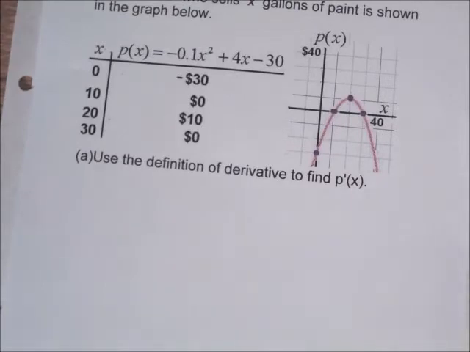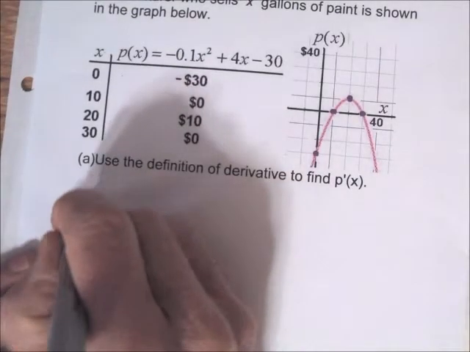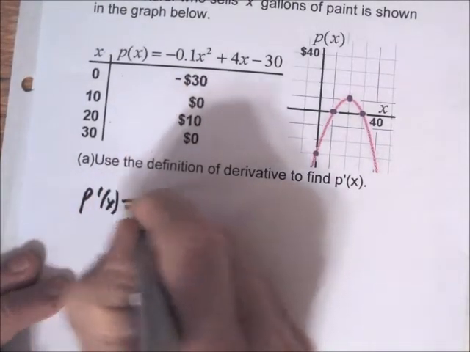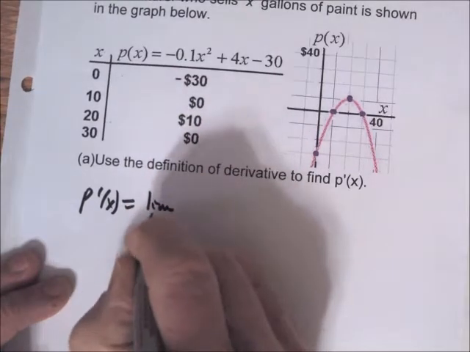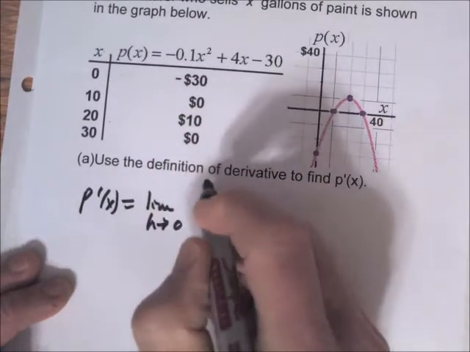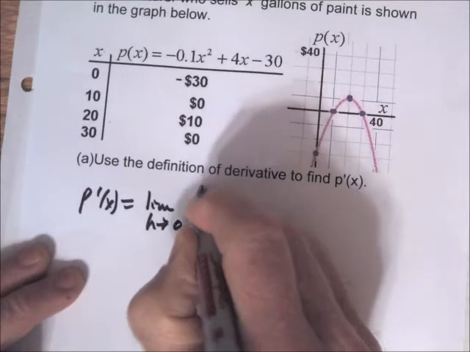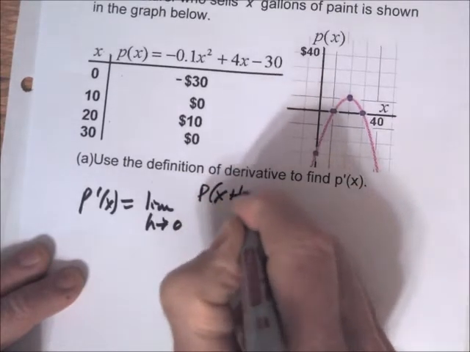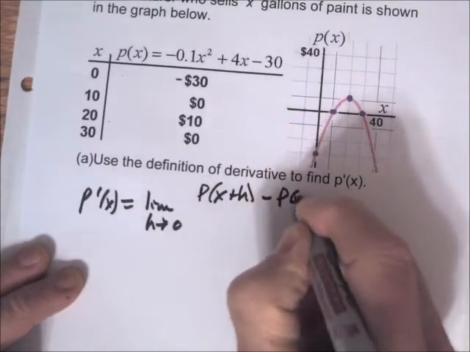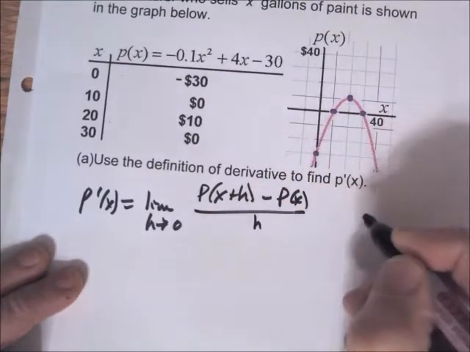P prime of x is going to be the limit as h goes to 0 of p of x plus h minus p of x over h.